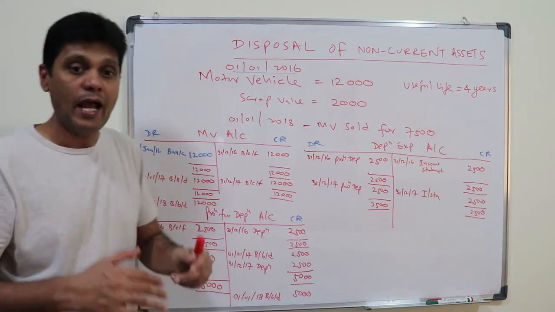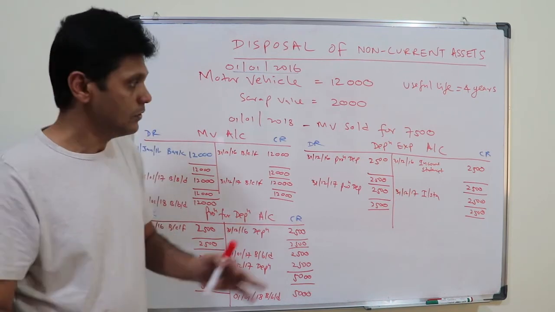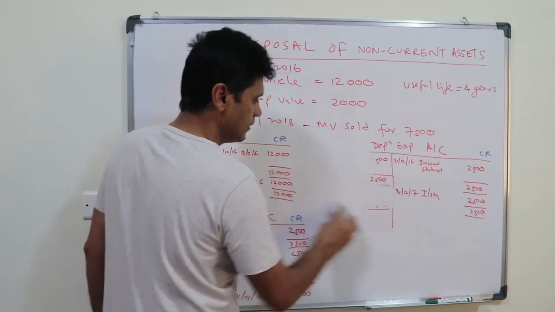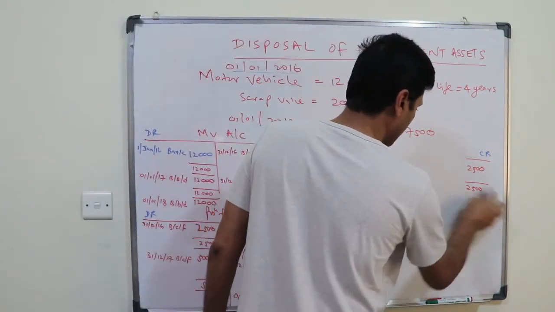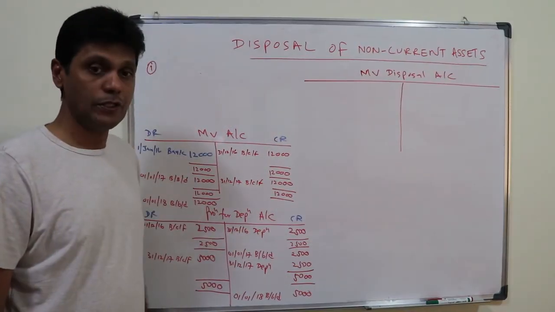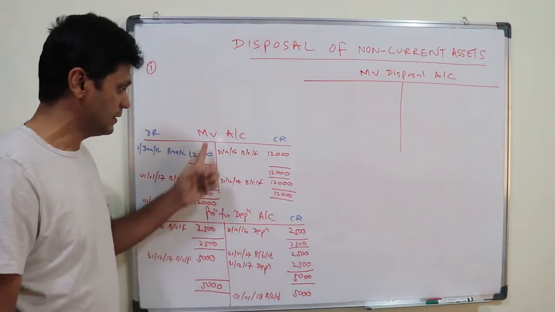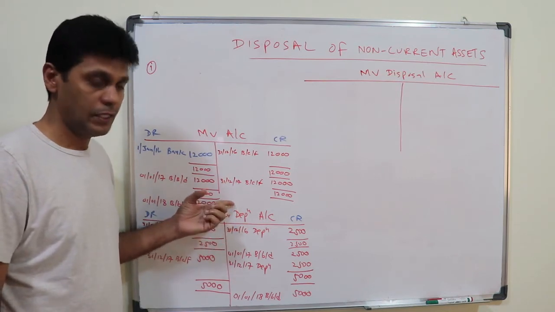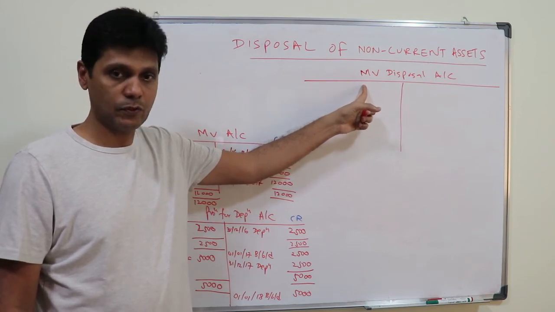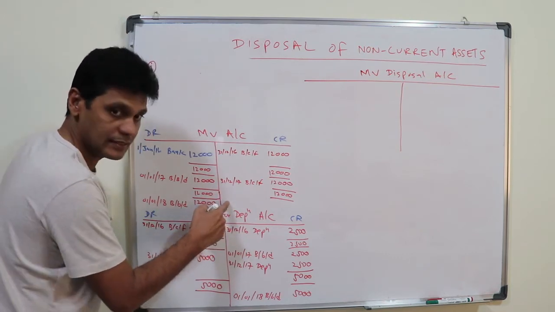You need to open an account called motor vehicle disposal account. I will erase this part, which is not relevant now. In order to make it zero, we have opened a separate account called motor vehicle disposal account. So you have to credit this account.